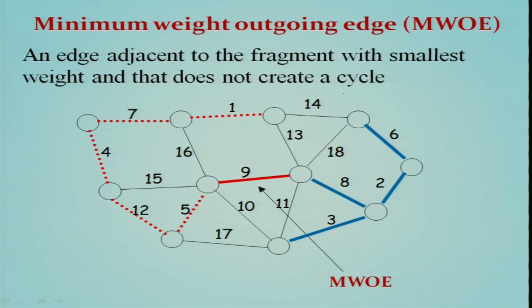Now, the spanning tree fragment will have different edges which are outside that particular tree and connect to some other fragments or nodes. An edge adjacent to the fragment with the smallest weight that does not create a cycle is called the minimum weight outgoing edge.